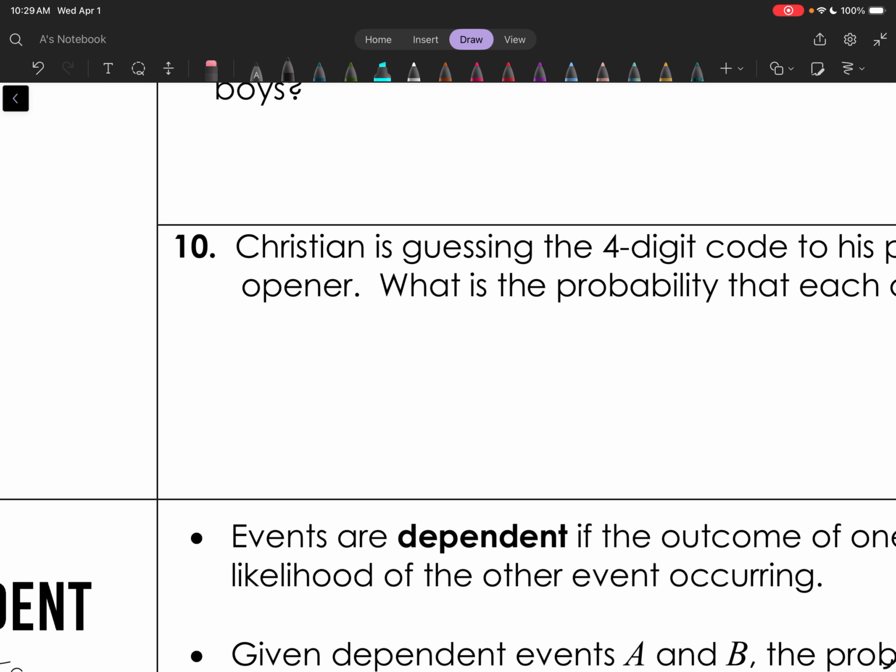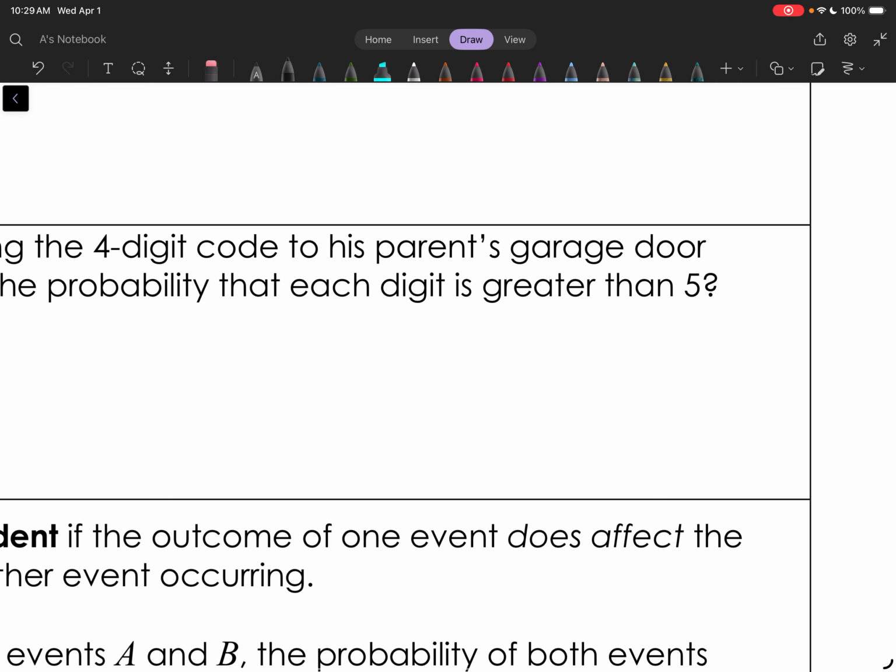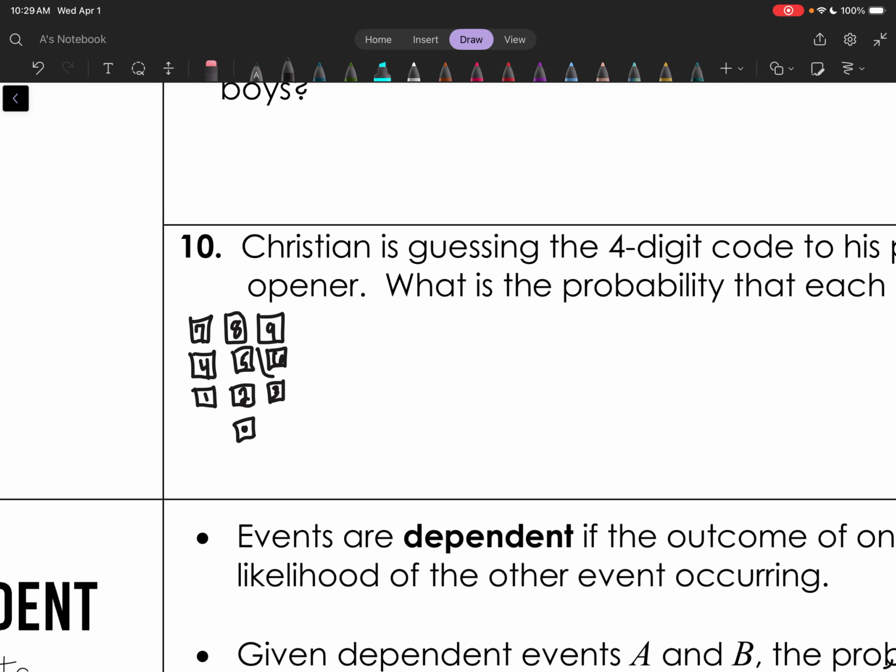So like the numbers on your cell phone, we have 0, 1, 2, 3, 4, 5, 6, 7, 8, and 9. I want a number greater than 5, which is 6 through 9. That is 4 out of the 10 numbers.